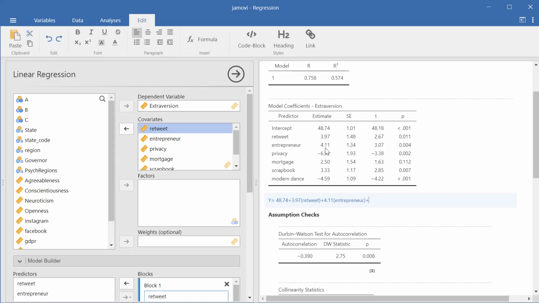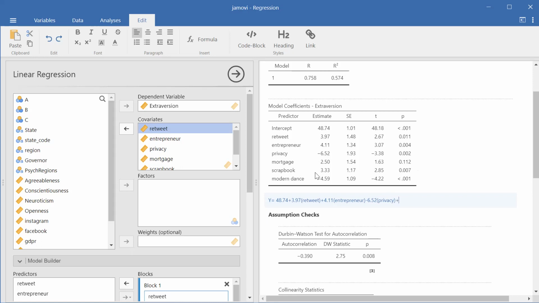And over here, privacy, the coefficient is negative, so we use a minus sign, minus 0.65252 into privacy. Mortgage is excluded.